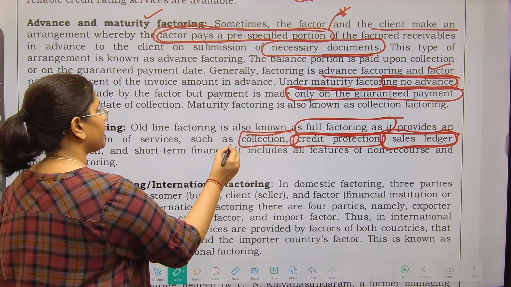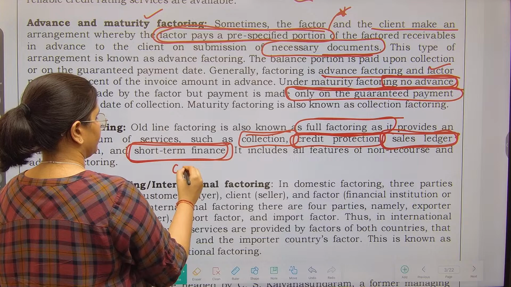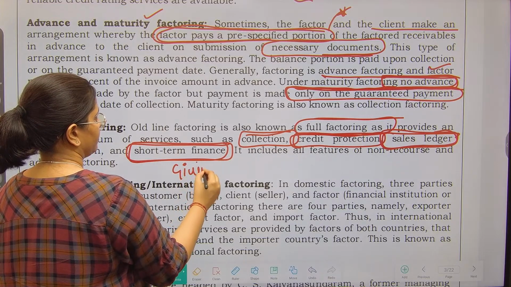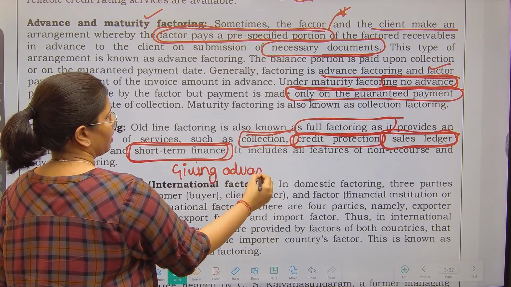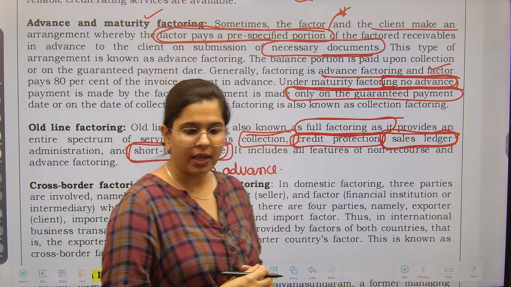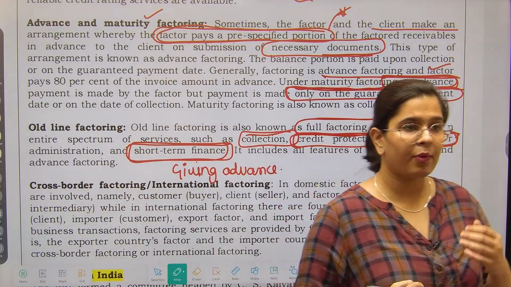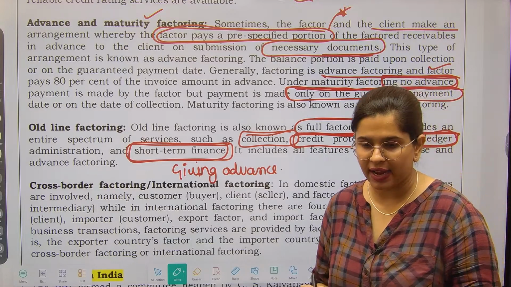What does short term finance mean? Giving advance. So all these things will be provided by the factor. This is called old line factoring.